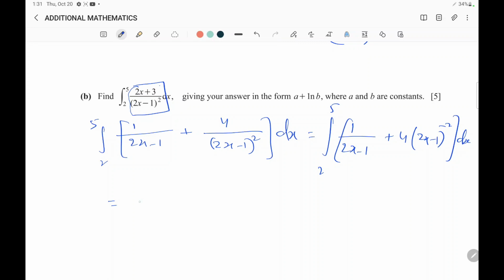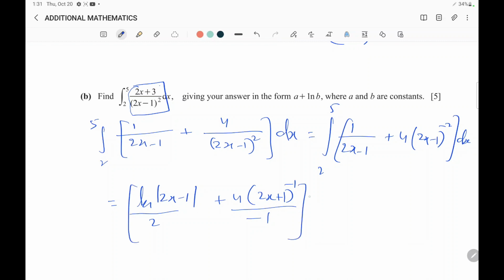The integration of 1 over 2x minus 1 is ln |2x minus 1| over 2, and this is 4 times (2x plus 1) to the power minus 1 over minus 1, with limits 2 to 5.